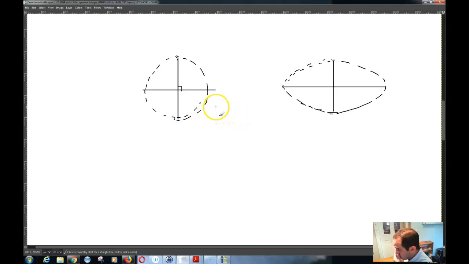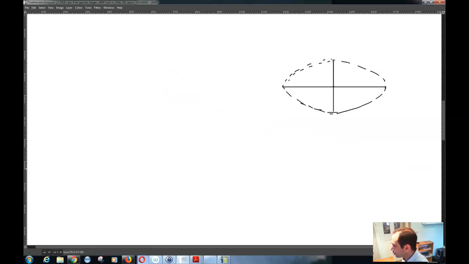But now suppose that one of these axes is longer than the other one. Then you will get a conic section, which is called an ellipse.